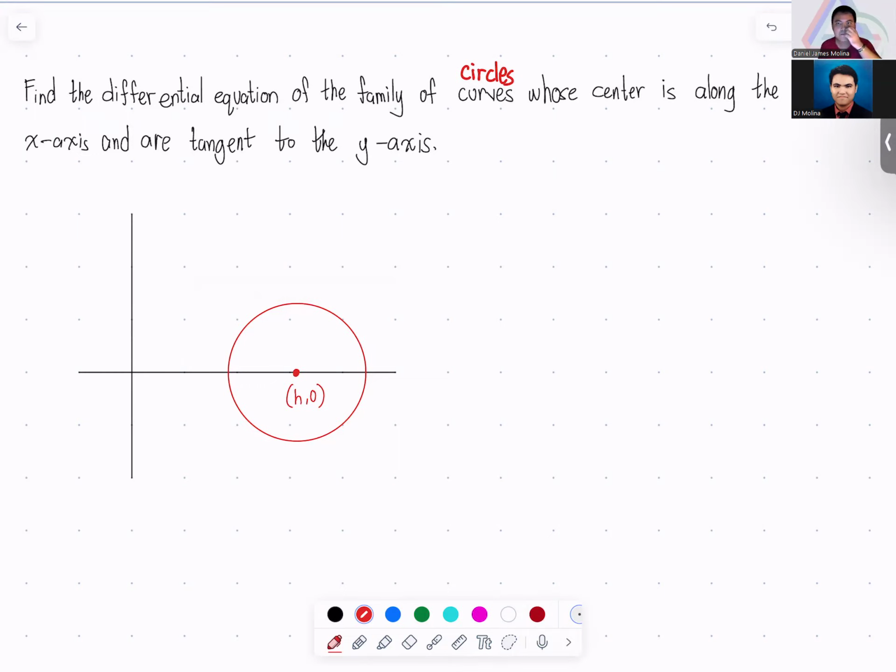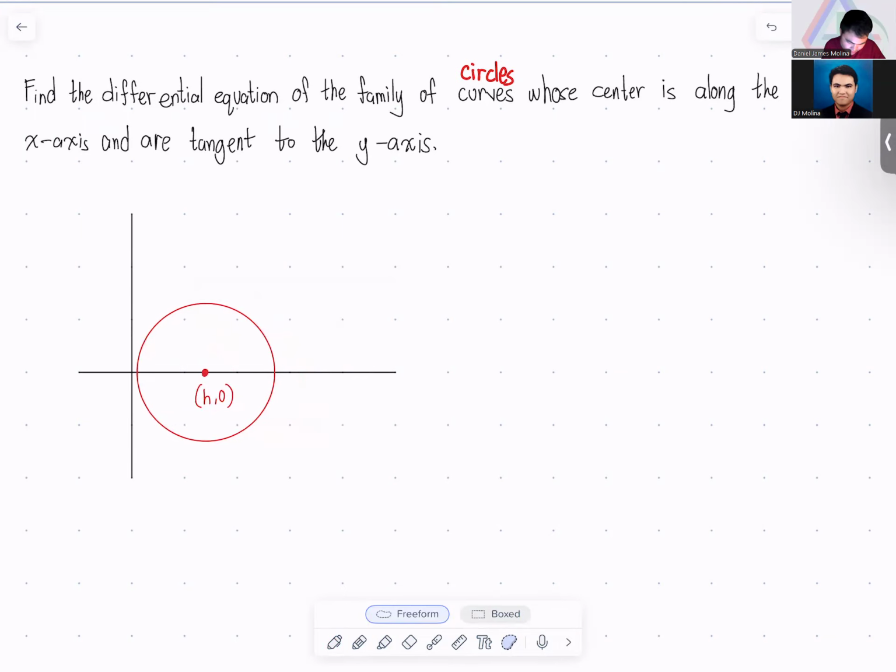But this is not the correct drawing because the condition is it should always be tangent to the y-axis. So let's translate this one a little bit. So this is the correct figure for a certain circle amongst the family of circles.